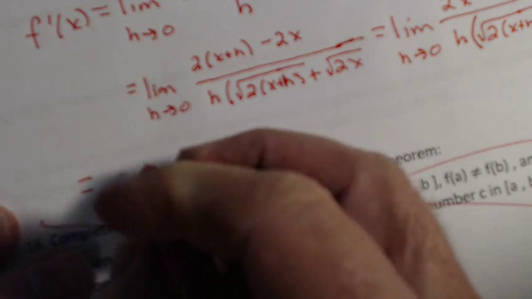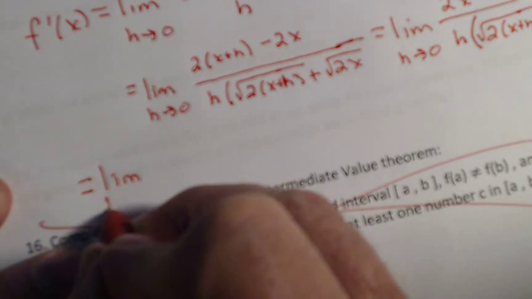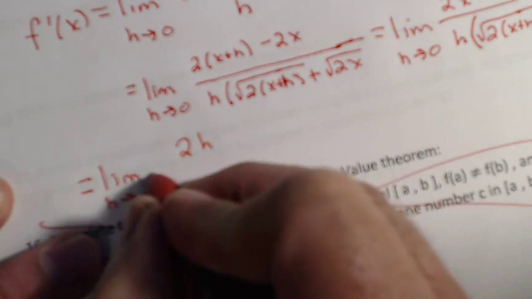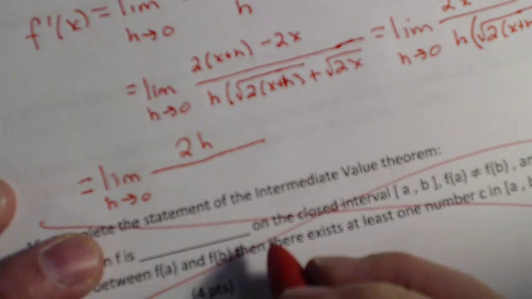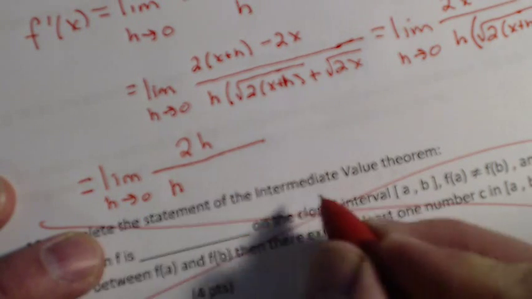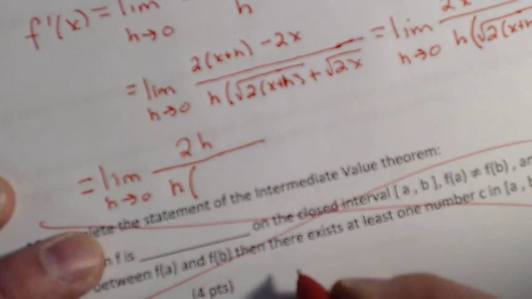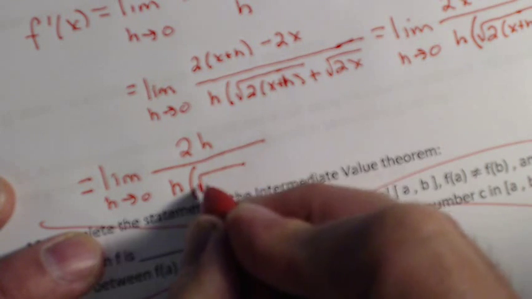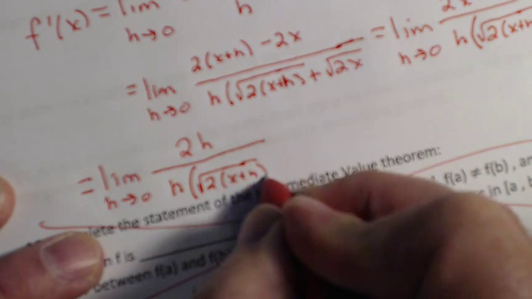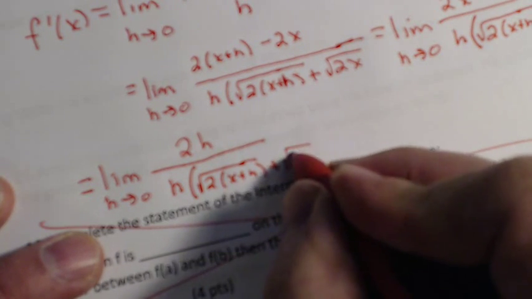So this is equal to the limit as h approaches 0 of 2h over h times the quantity, the square root of 2 times x plus h plus the square root of 2x.